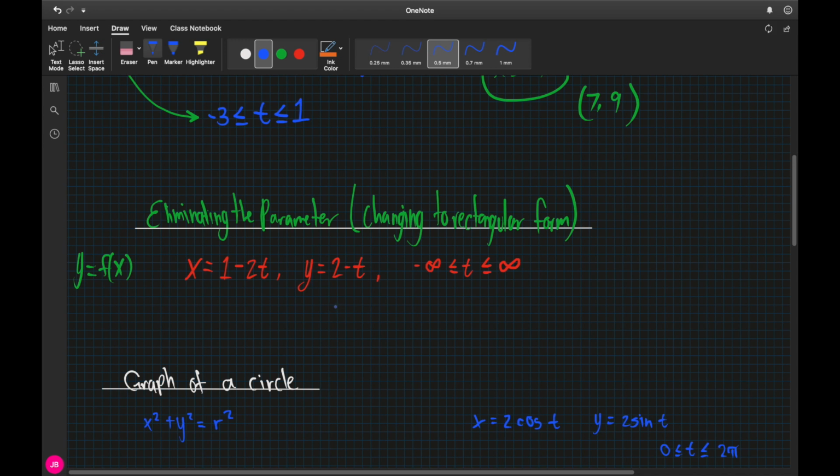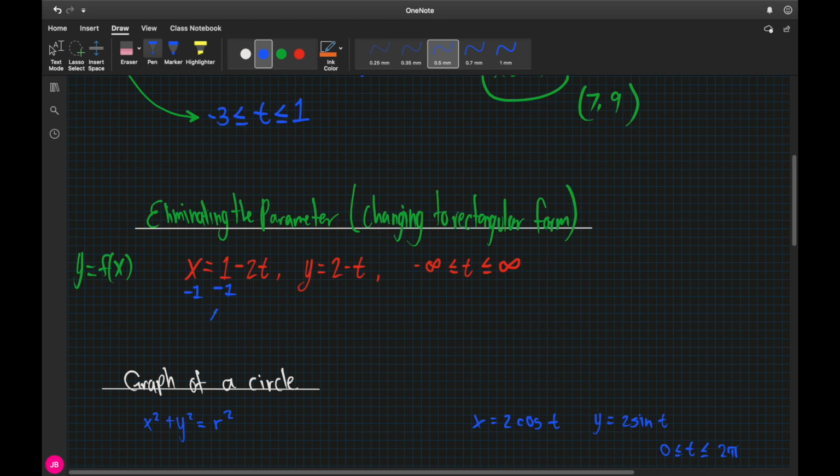Now usually you would go ahead and solve for the easier one, or if you know you're going to end up in this format, you can solve for x first. That way you can have y is equal to a function of x. So for that reason, I'm going to just solve for x first. You go about doing this by subtracting 1 from both sides.